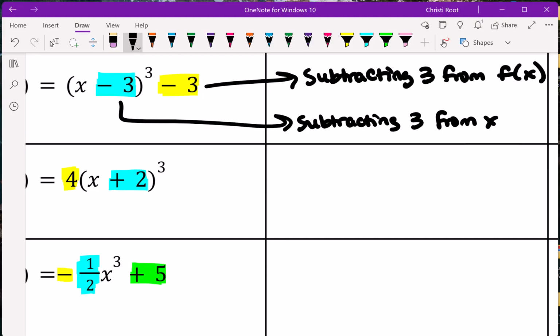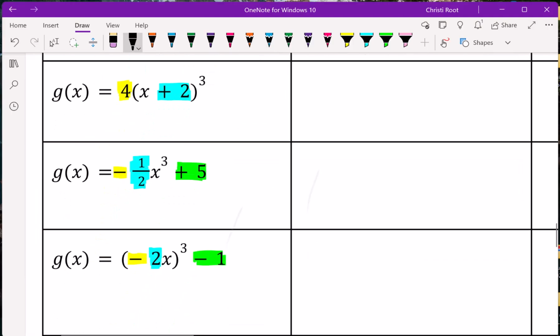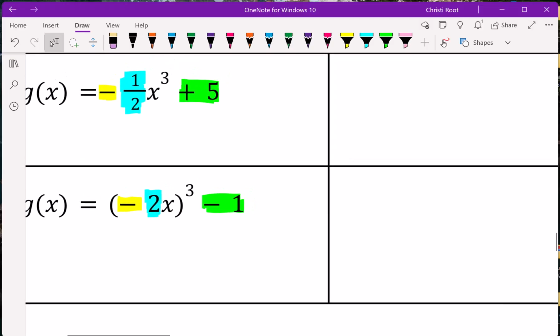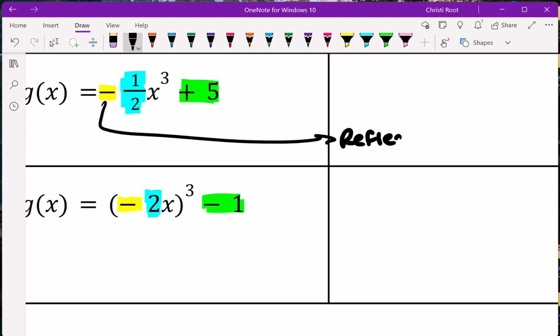Okay, one more. I'm going to skip to the fourth line right here. This negative right here, that's going to reflect. Okay, it's going to reflect over which axis though? Is it the x or the y? It's going to reflect over the x-axis. Why?